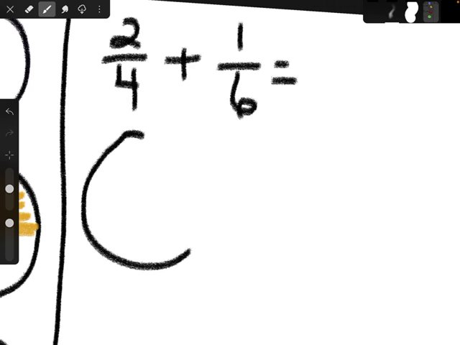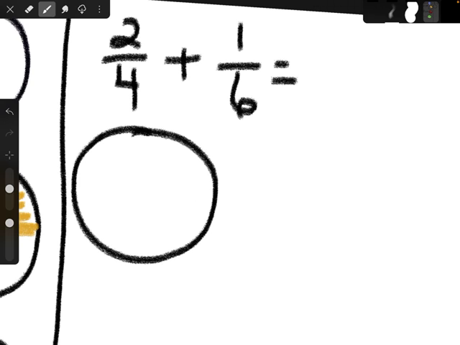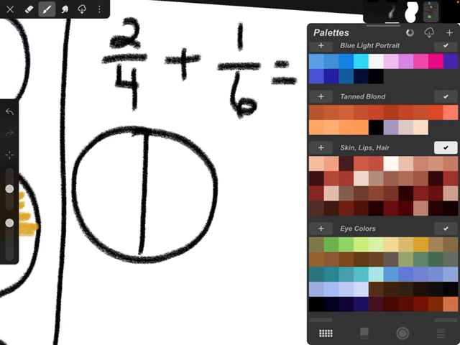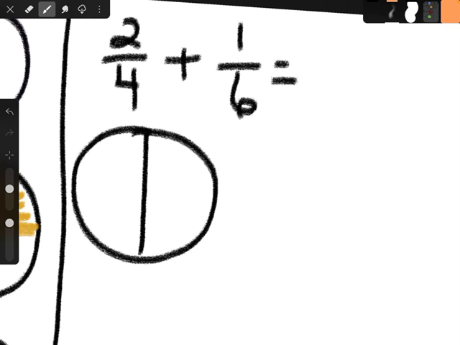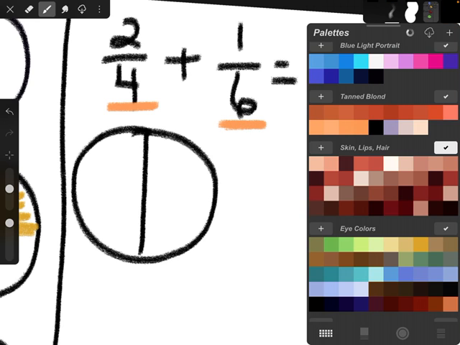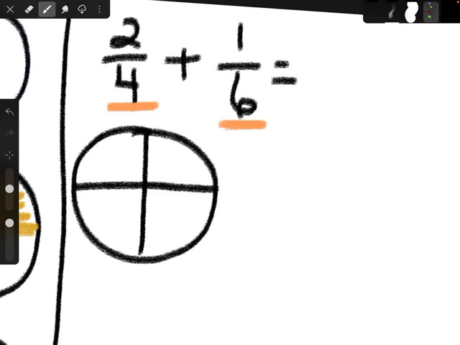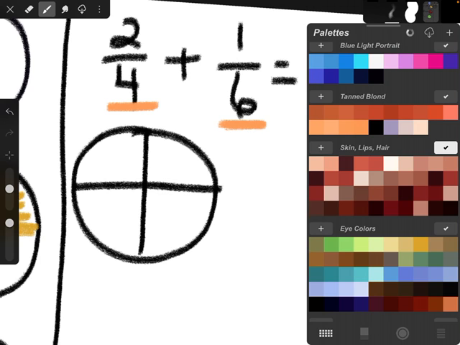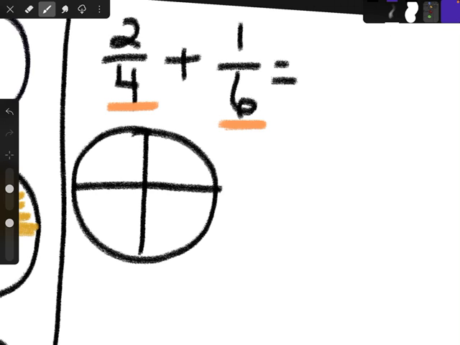For 2/4, there are 4 slices, because the denominator always gives us how many slices are in the entire pie. And 2 of them are gone.